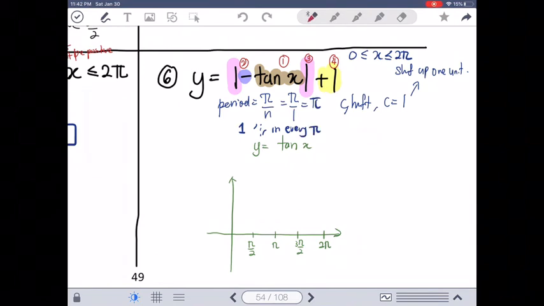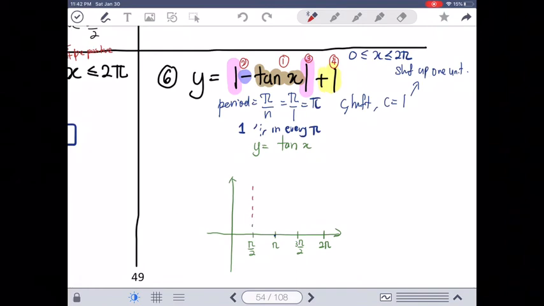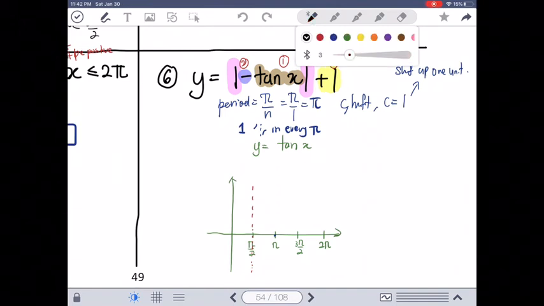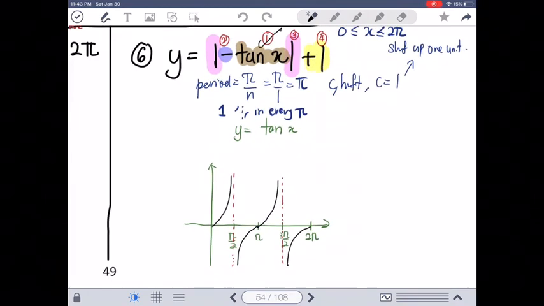For every pi there will be one cycle. So we have the asymptote here, so one cycle. Again, the same process, asymptote here, one cycle. Done with number 1.